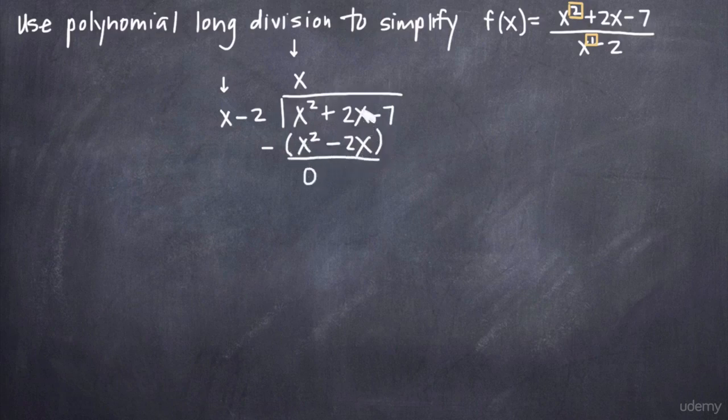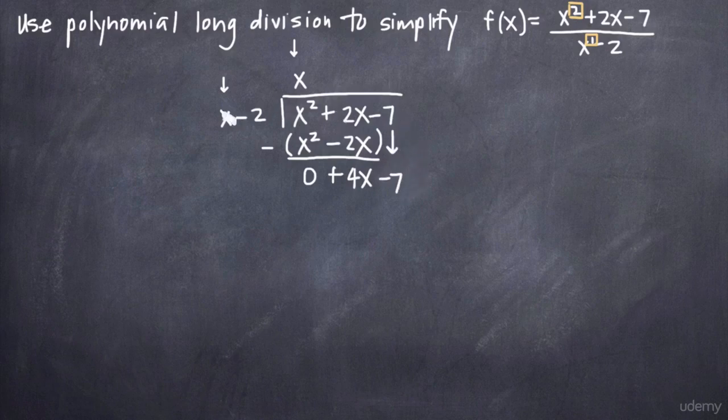We take 2x and we subtract a negative 2x, which is the same as adding 2x because these negative signs cancel each other. So we end up with 2x plus 2x, which gives us 4x. So we write that result and then we carry down, remember from long division with real numbers, this value here, so we get minus 7.